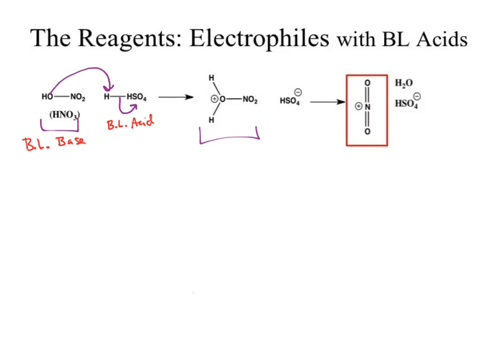Why does it accept the hydrogen from the H2SO4? No, because there's still technically an OH group on the H2SO4 as well. H2SO4 is a stronger acid than HNO3. Just because it's a strong acid doesn't mean it can't act as a base.